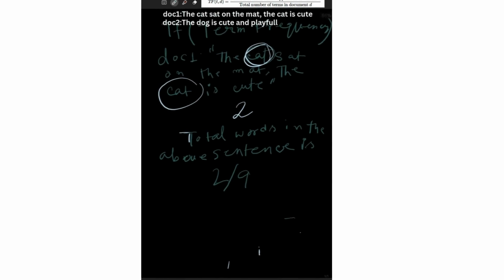So the formula we arrive at finally for Tf: you can consider this Tf as a function, right, and in Tf we can pass two parameters, one is term t and one is the document d.